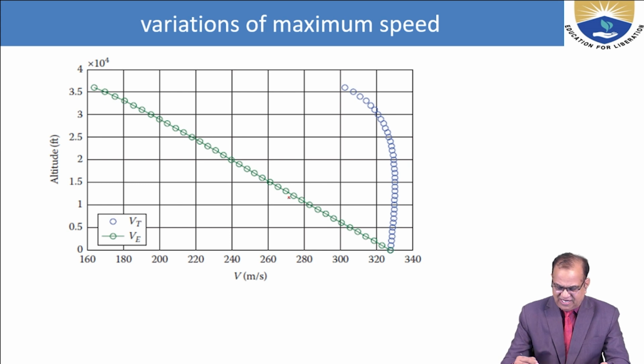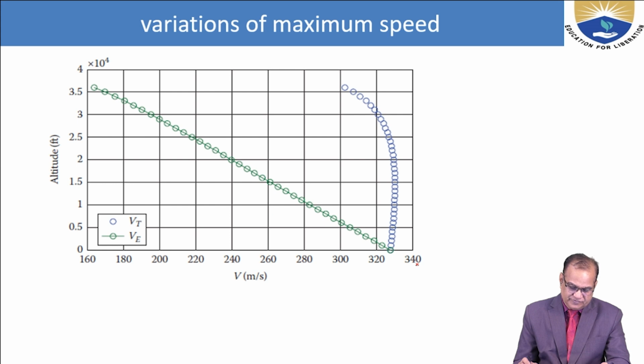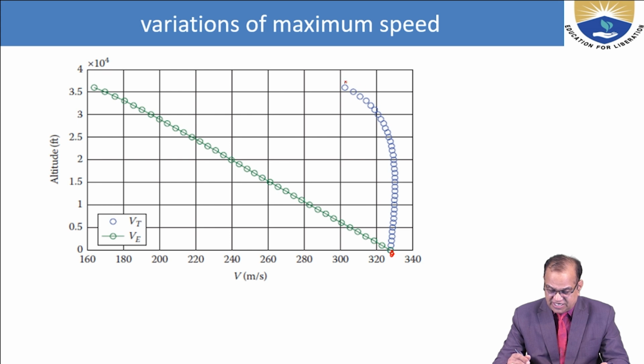So it is falling like this. As you go to high altitude, your velocity will be less; at sea level you can fly at high speed. But if you see the turbojet, it is like this. There is not much variation.